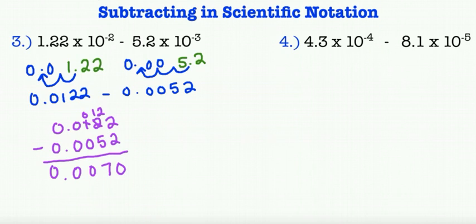And once I have my value, I'm going to change it back into scientific notation. So here I have 7 times 10 to the power of negative 3. Same thing for my last problem.